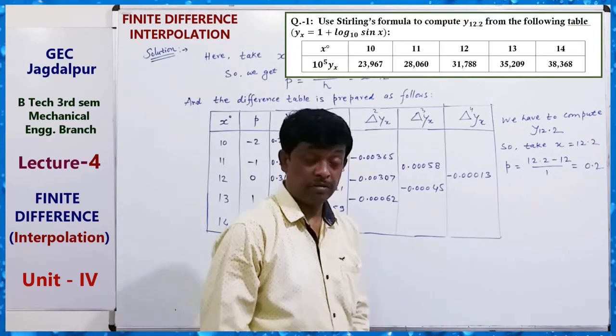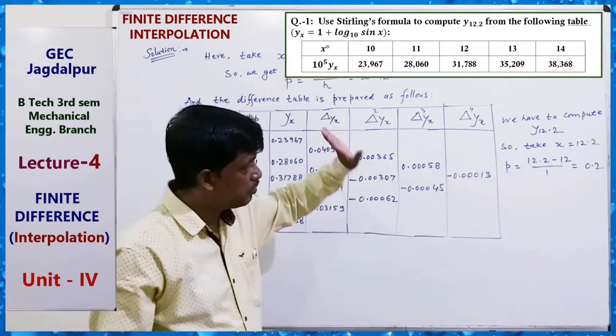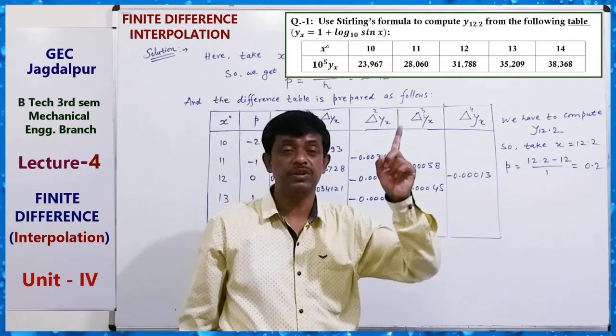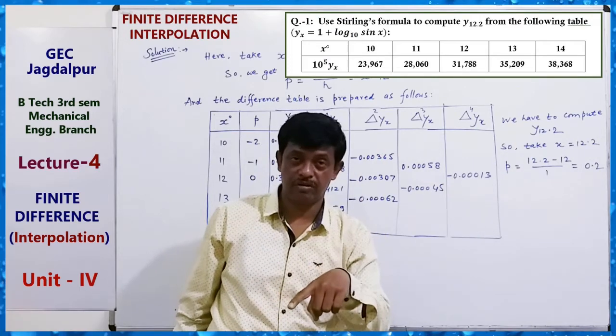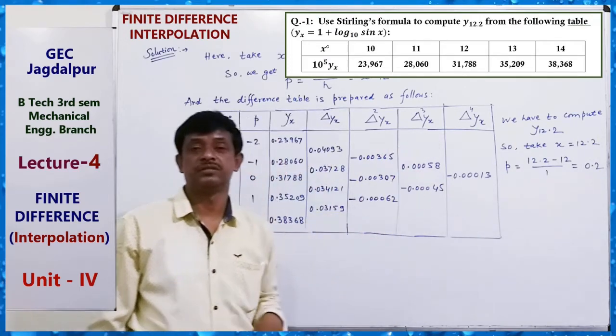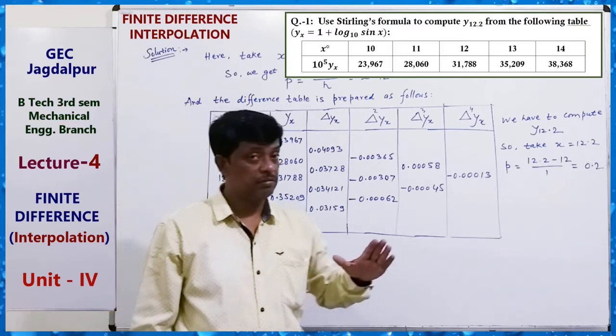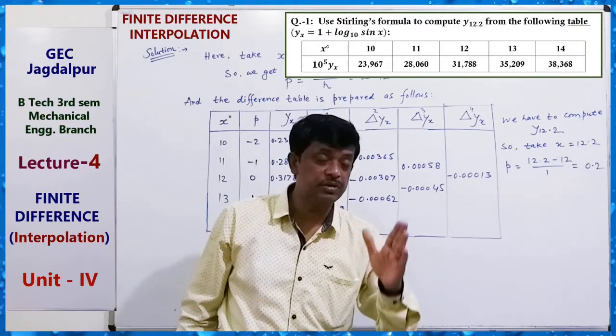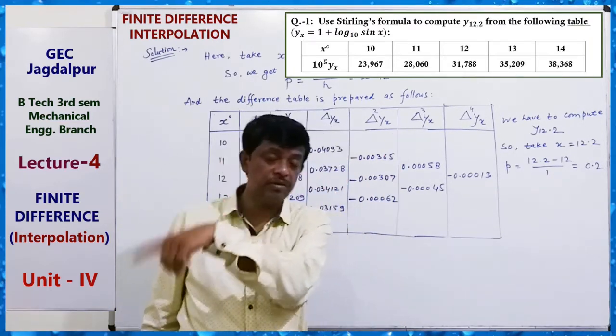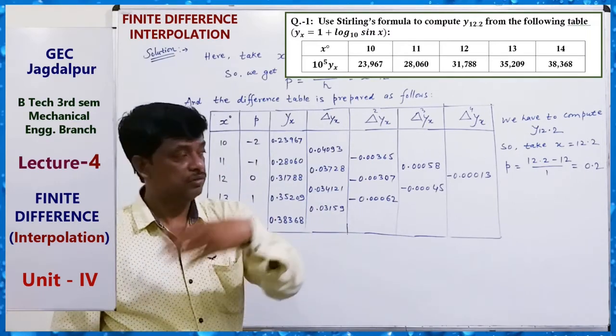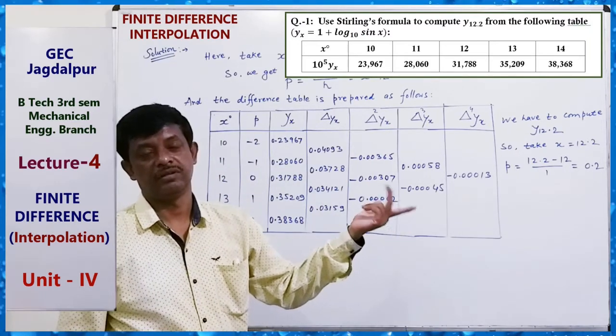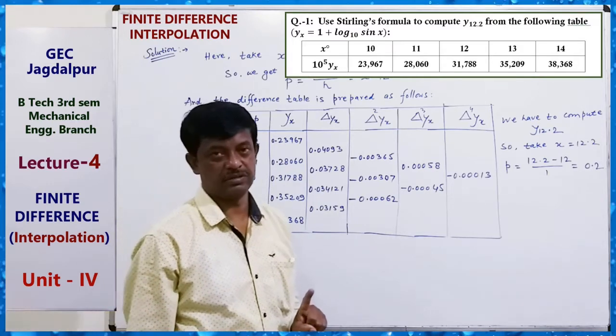And remember one thing, wherever the value of p lies between minus 1 by 4 to 1 by 4, the Stirling formula is better. When the value of p lies between 1 by 4 to 3 by 4, Bessel's formula is best.